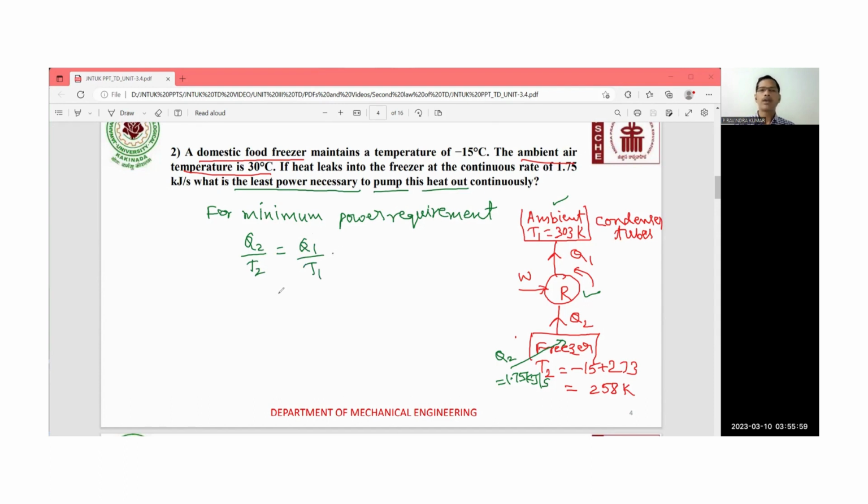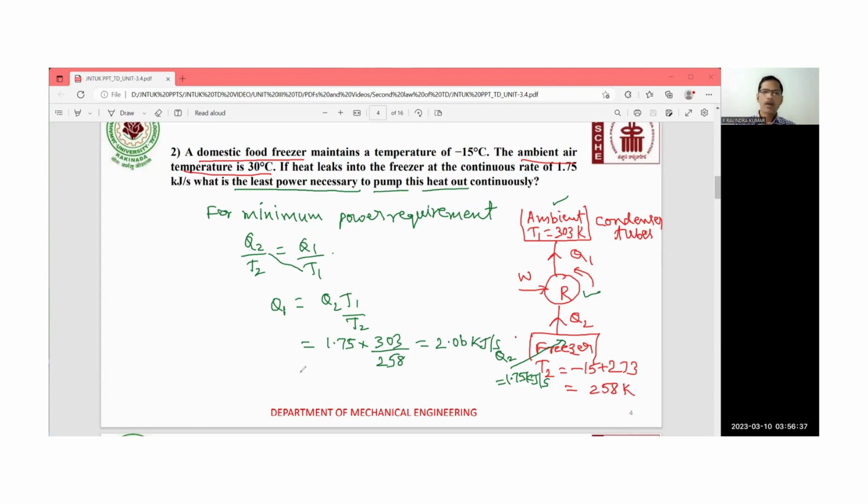With this you can get the Q1 value, right? Q1 is equal to Q2 T1 divided by T2. Q2 value is 1.75, T1 is 303, divided by 258. So you will get 2.06 kilojoule per second.